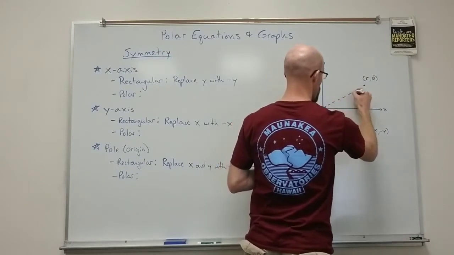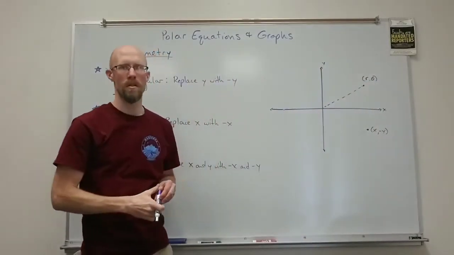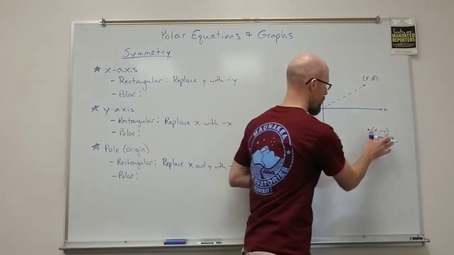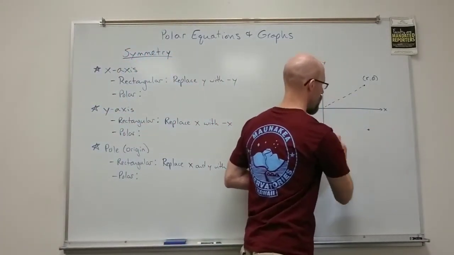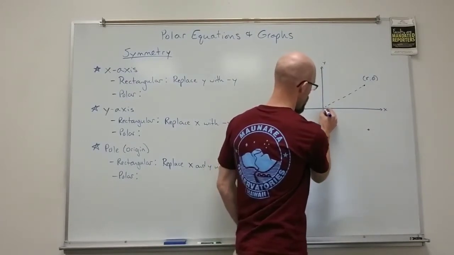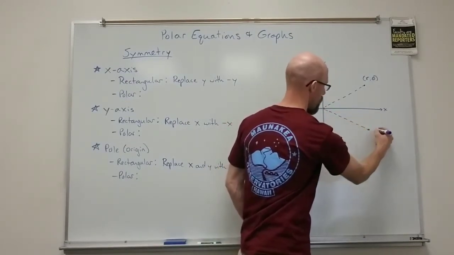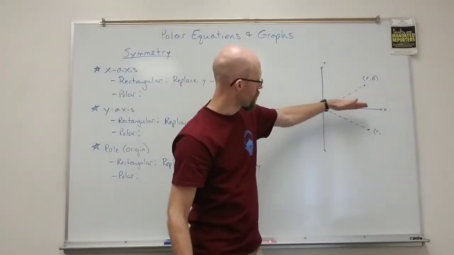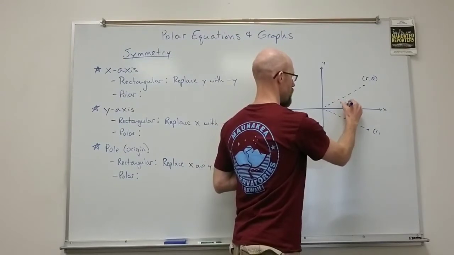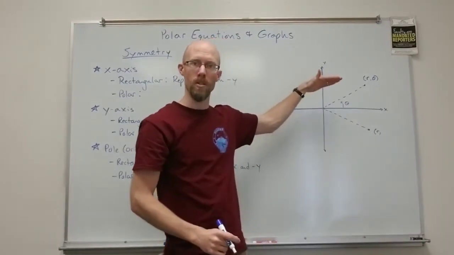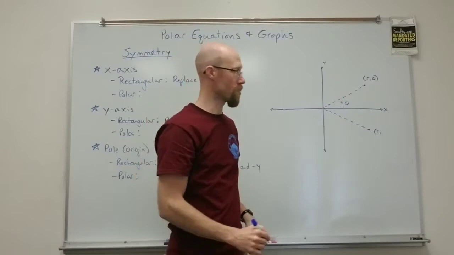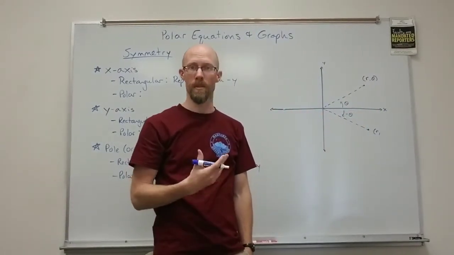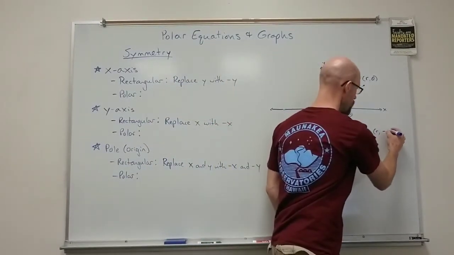Well, if you consider a point that has (r, theta) coordinates to be symmetric with respect to the x-axis, the radius would be the same. So you get r to be the same, but now instead of going theta in the counterclockwise direction, you'd be going theta in the clockwise direction. So we'd be looking at negative theta, right? Different direction, same angle.